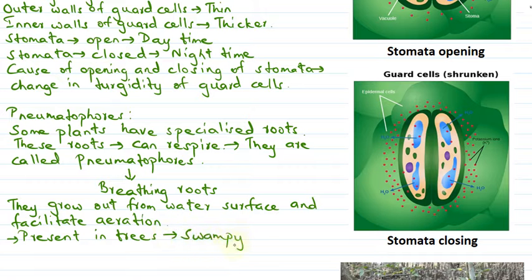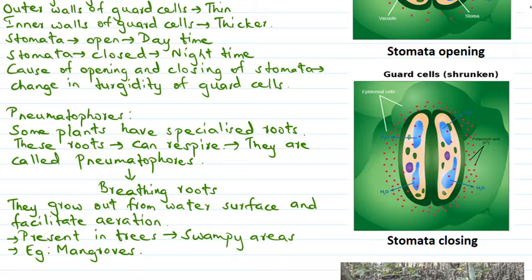For example, let's take mangroves. Mangroves have these specialized roots called pneumatophores that help them respire, and hence they are also known as breathing roots.